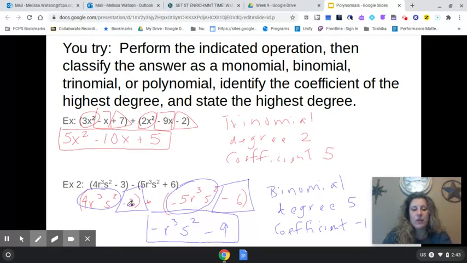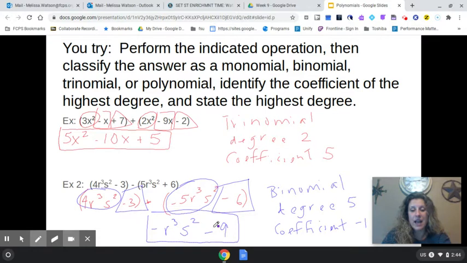So the first polynomial does not change, but the second polynomial, we distribute that negative and get negative 5r cubed s squared minus 6. And so when we combine like terms, we get negative r to the third s squared minus 9. That is a binomial.